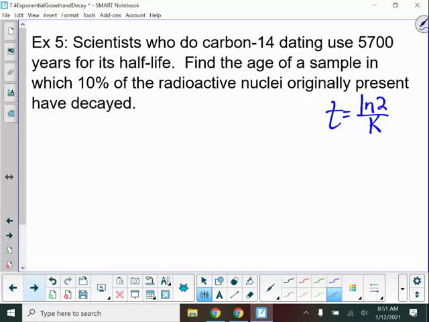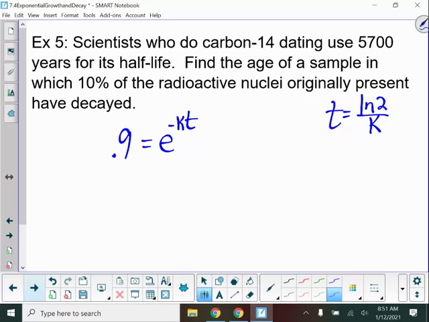So if 10% has decayed, that means that 90% is left. You could set this up as your y sub 0 on the right and 0.9 y sub 0 on the left, but the y sub 0s are always going to divide out.